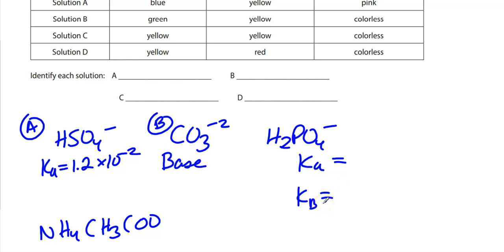So the Ka value here, H2PO4, where am I looking? Where's H2PO4? H2PO4 is 6.2 times 10 to the negative 8. And as a base, we need the conjugate of H3PO4.